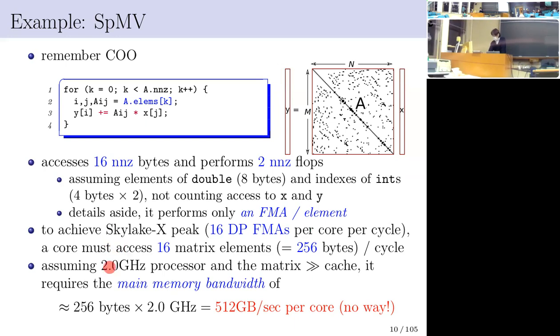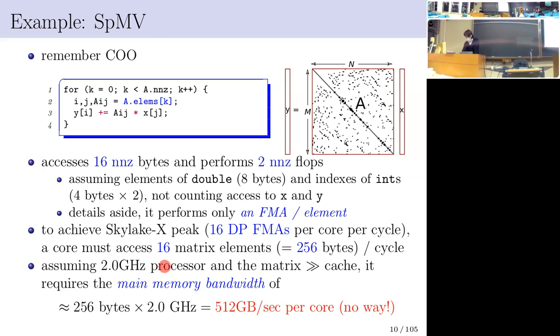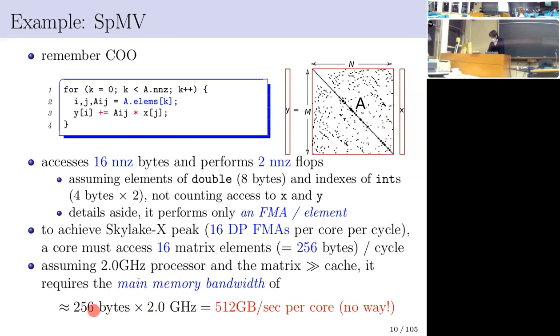So let's assume for a second the processor frequency is 2.0 gigahertz, just for simplicity of the calculation. You get 256 bytes every cycle, which means something like 512 gigabytes per second.